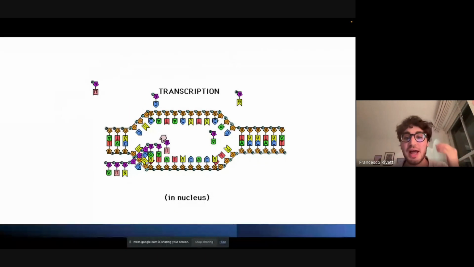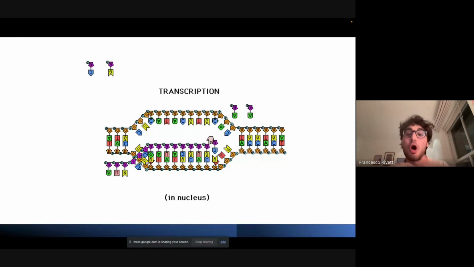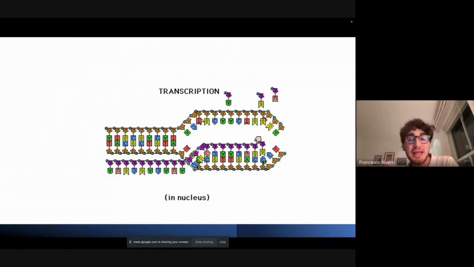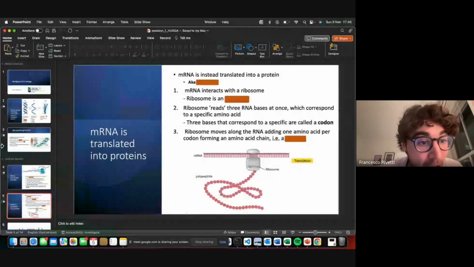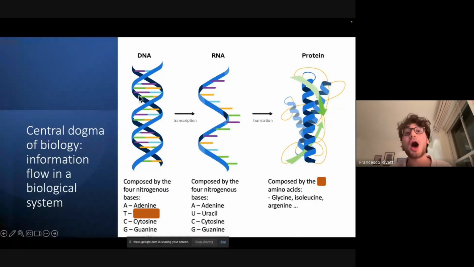All we're doing is taking the DNA information and transforming it into RNA to then process it further. But the key thing is that, as I said before, DNA is stable. RNA isn't, which is why we require this transcription step.